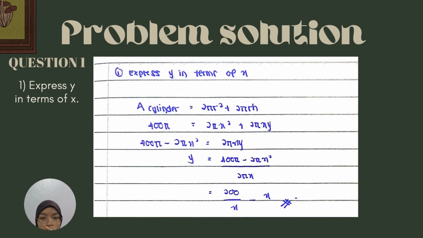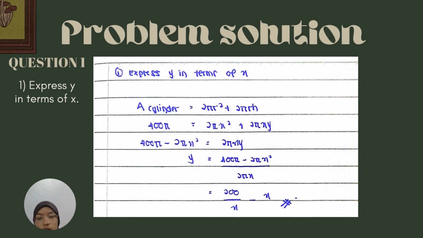The area of the cylinder given from the question is 400 pi, while the area of the cylinder from the formula that we know is 2 pi r square plus 2 pi r h. So we just include it into the formula.